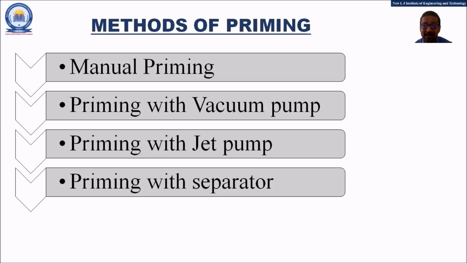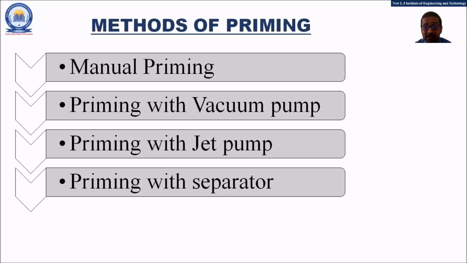Finally, the last method of priming is priming with a separator. In the separator, the liquid is first transferred so that the air molecules or impurities are first removed, and then the liquid is transferred to the pump, and the pump can be effectively used in practical applications with higher efficiency.